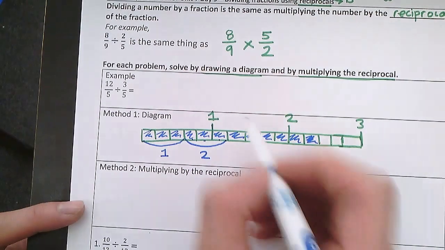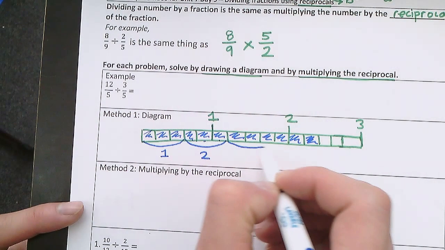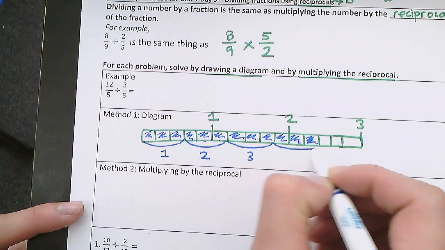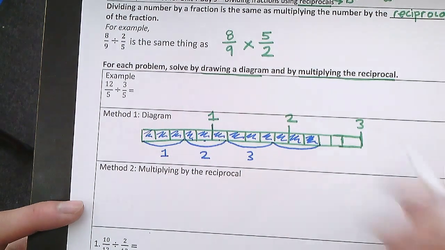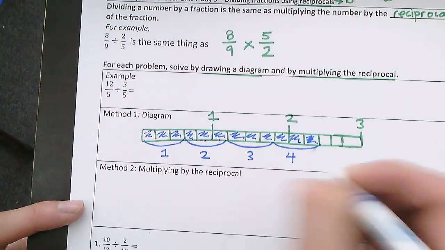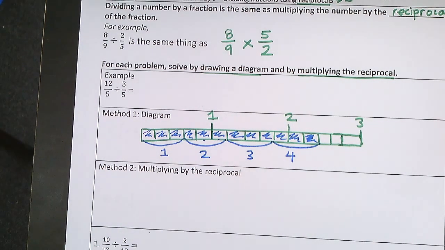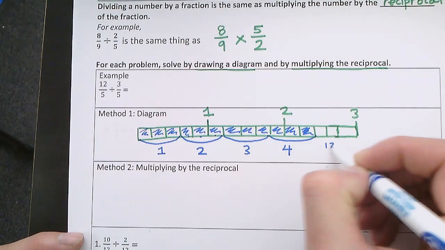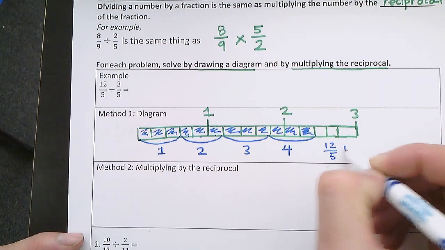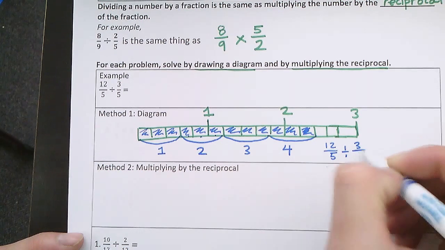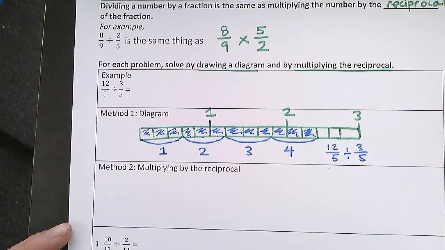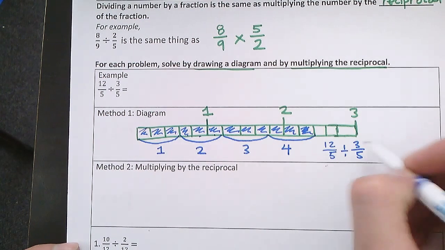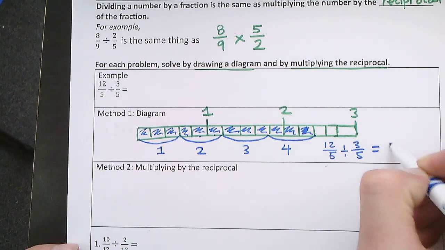Another section of 3/5, and 3/5 again here. So we can make 4 full sections of 3/5. So what this means is 12/5 divided by 3/5 equals 4.